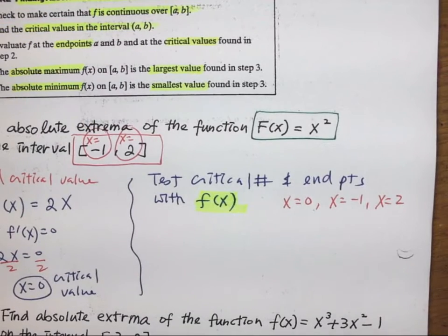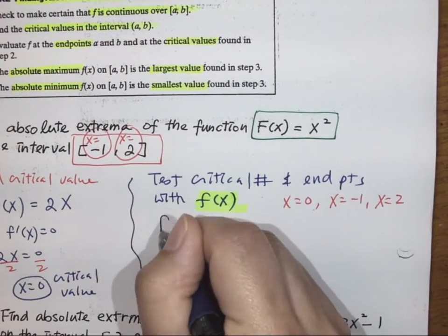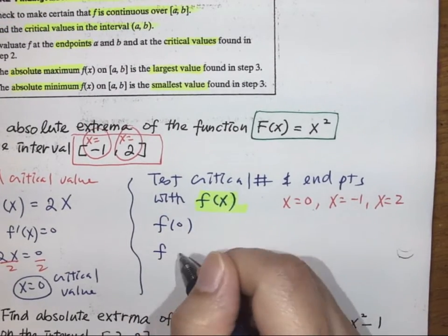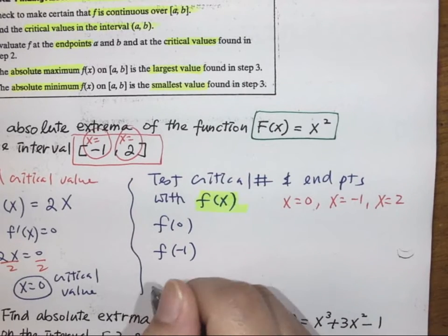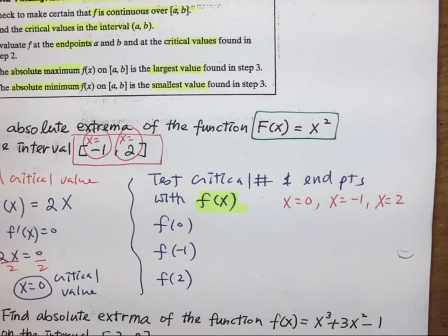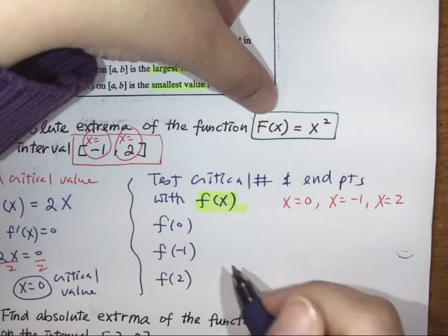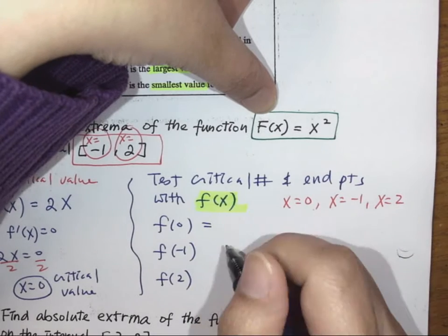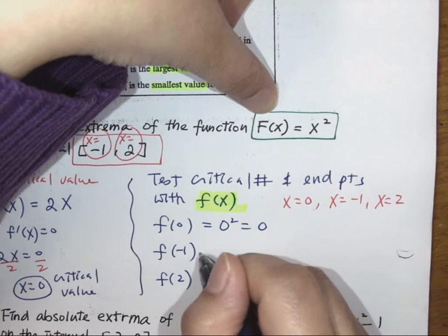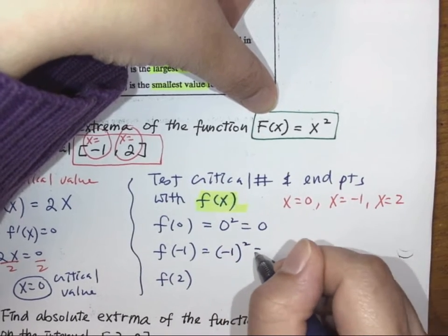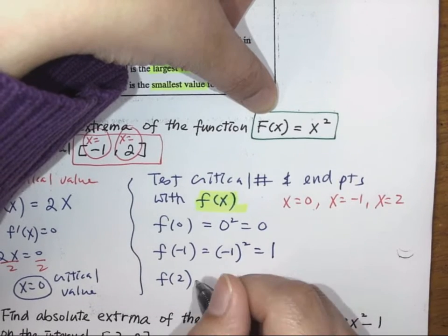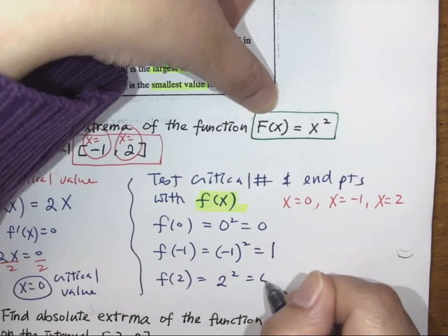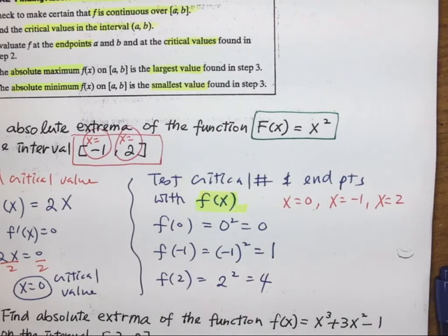So I'm going to need to find f of 0, f of -1, and then f of 2. Plugging back into the original function, 0 squared is just 0. -1, the whole thing squared, is +1, and then 2 squared would be 4. So those are my y values for my original function, right?